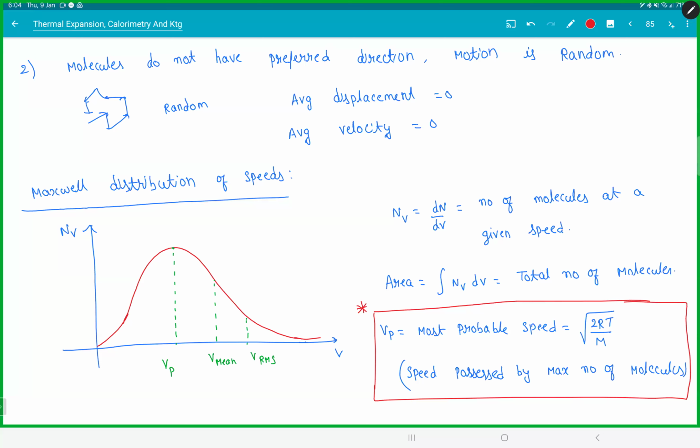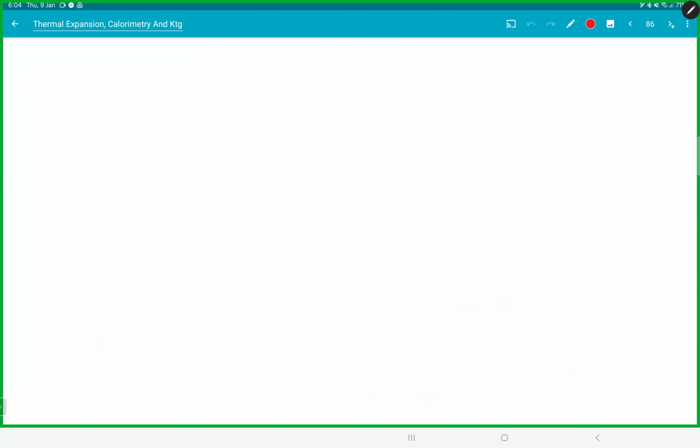Next thing. What does V mean? V mean itself says it is an average speed. V mean is the average speed of the molecules.